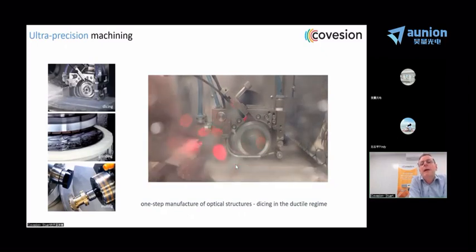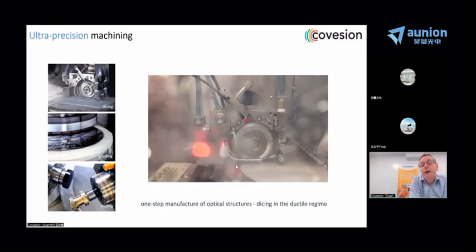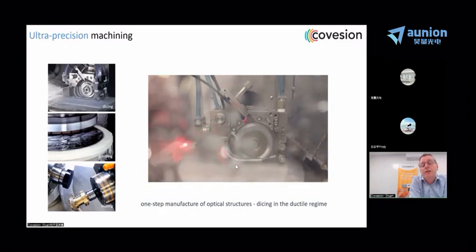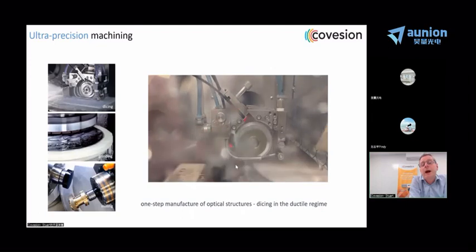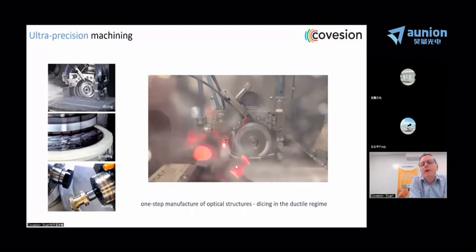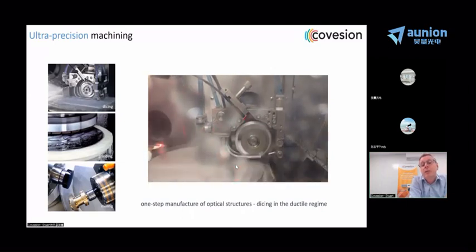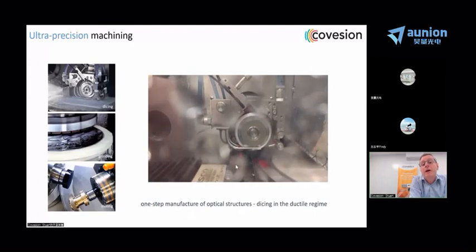That means that when we cut the surface of the wafer, we don't have any chipping, cracking, damage of the surface. And that's extremely important because that gives us a very high quality waveguide with minimal processing.